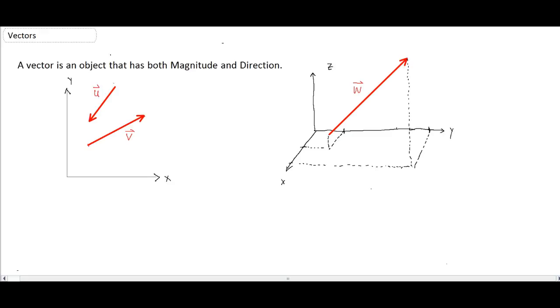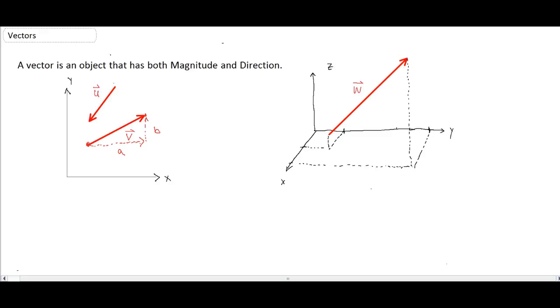Another way to represent vectors is to use components. Components indicate how you would have to move along the direction of each coordinate axis in order to go from the initial point of a vector to the terminal point of the vector. So for example, if I'm looking at this vector v, looking at the initial point here and the terminal point right there, I would have to go in the x direction like so, and let's say that this change is indicated by a, and move up in the y direction by b.